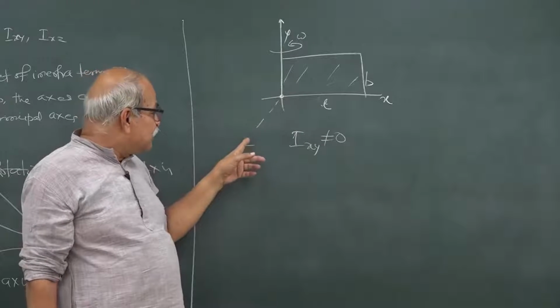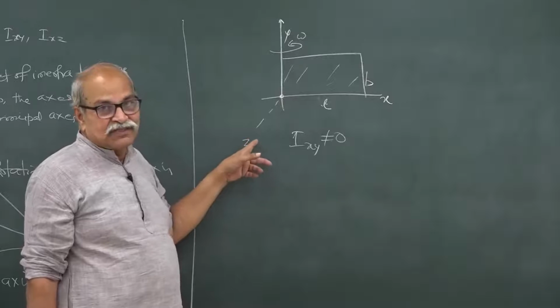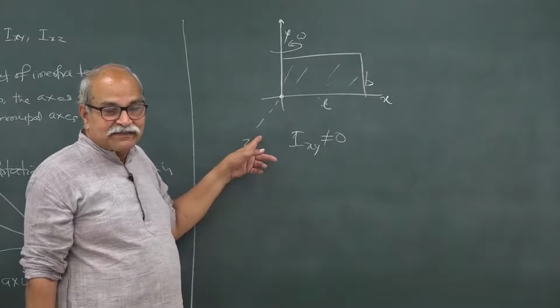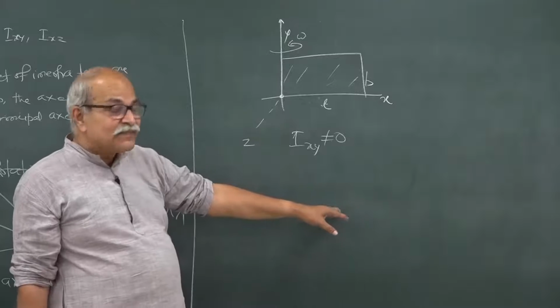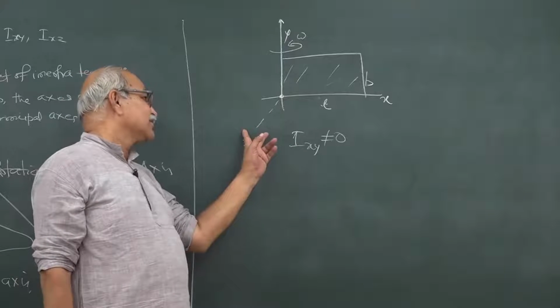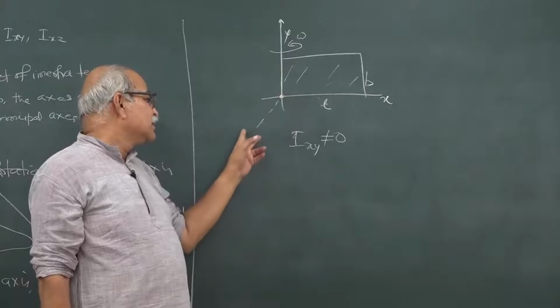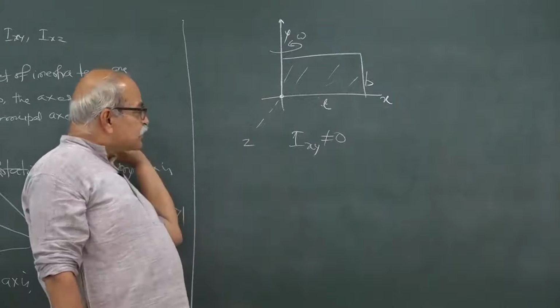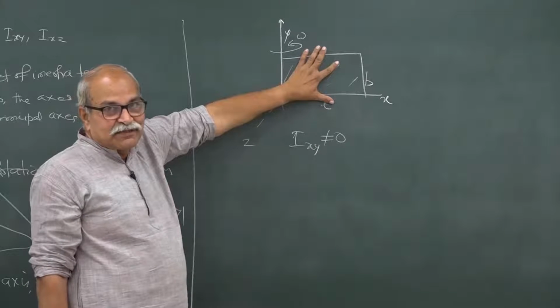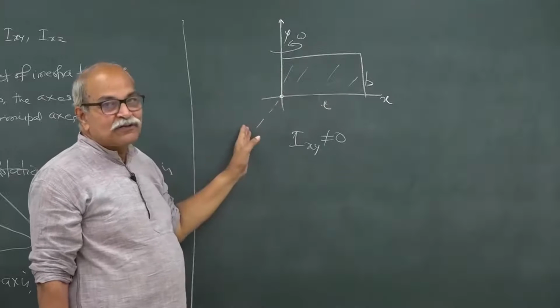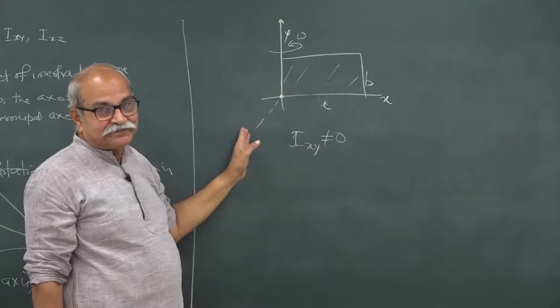But if the rotation is about z axis, then everything works well, because this is a principal axis. From this point, this is a principal axis, and that reflection symmetry plane works. This whole plane itself is a reflection symmetry plane, and this is perpendicular to that.